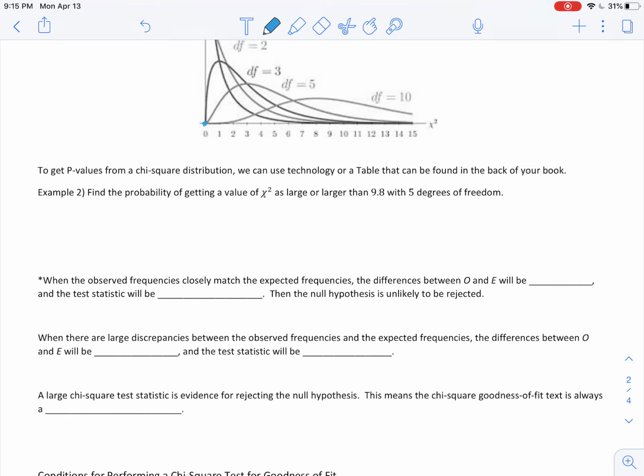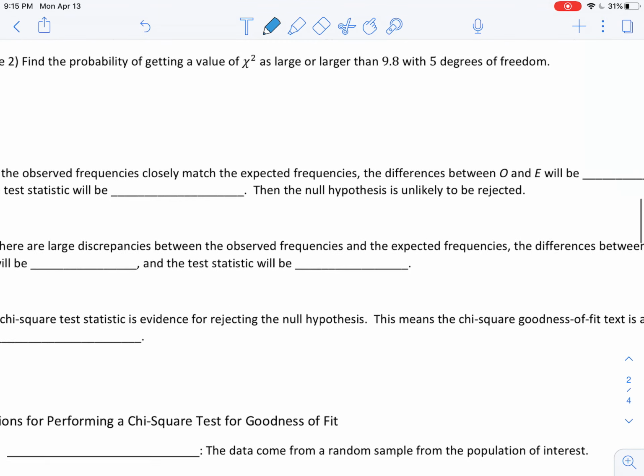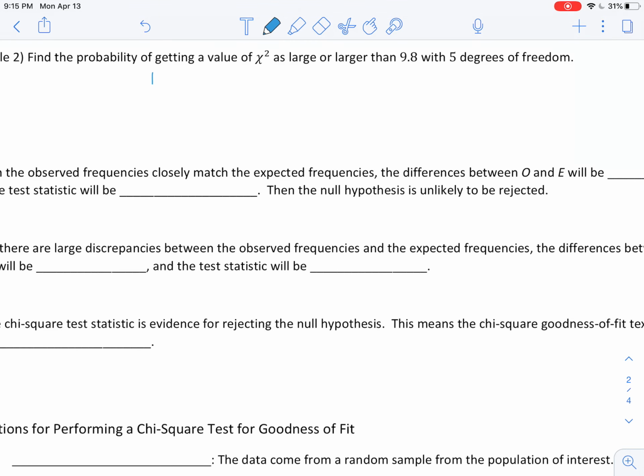It should be in the back of your stats book. You can Google it, or you can just use your calculator because they should all come with the function that we need to find the probability of being above a certain number. So for example, if I want to find the probability of getting a chi-square test statistic that is as large or larger than 9.8 with 5 degrees of freedom, then I'd be trying to picture a chi-square distribution with 5 degrees of freedom.